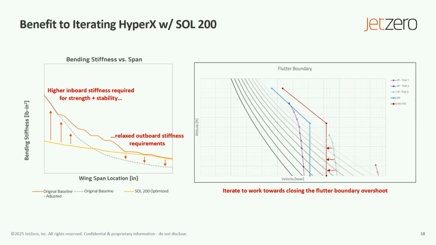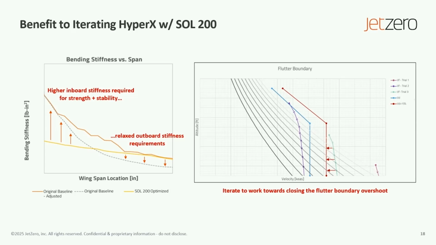So after resizing and getting the adjusted baseline in orange, we can see that in the middle, I don't know if you can see my laser, in the middle right here, there is an increase in bending stiffness that's more than the original baseline and also more than the target SOL 200 optimized that we wanted to match.